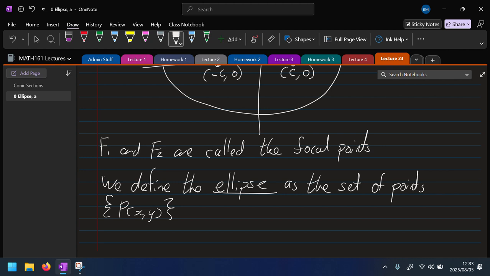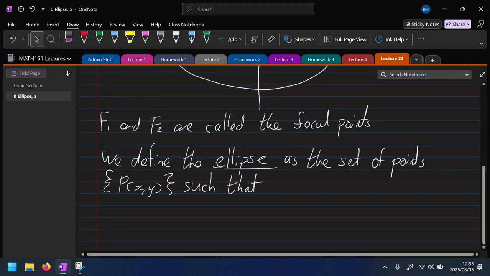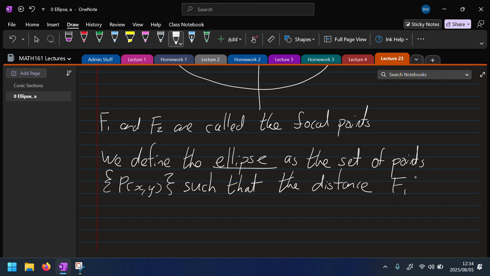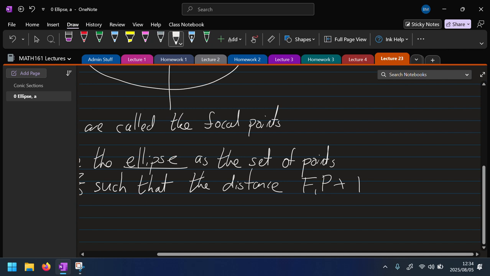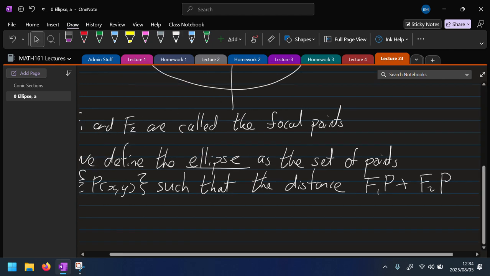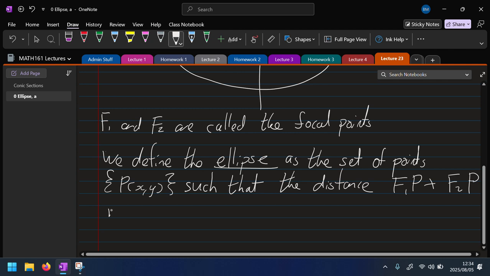So the set of points P, such that the distance F1P, right? So from F1 to P, we call that distance F1P, plus F2P. Okay, so from F2 to P, that's the distance there, is a constant.